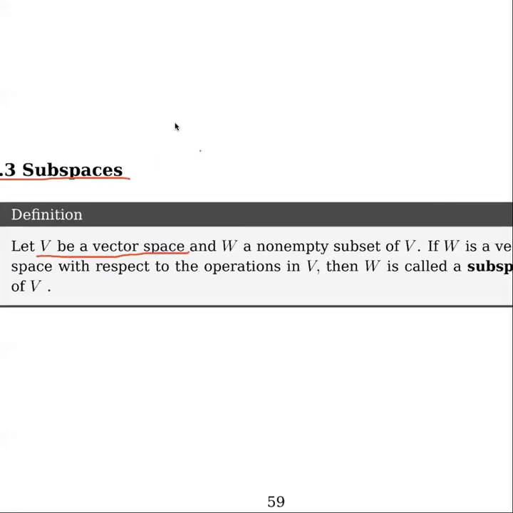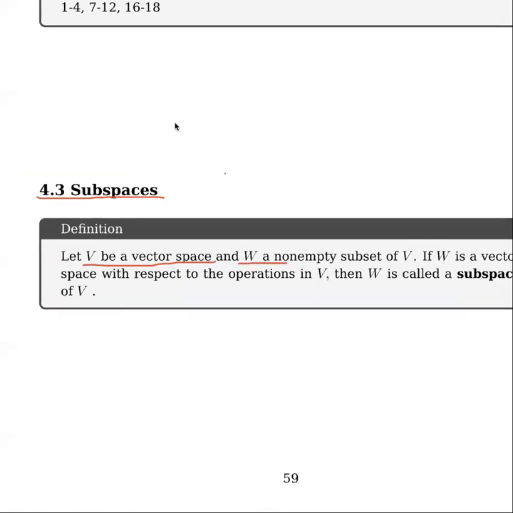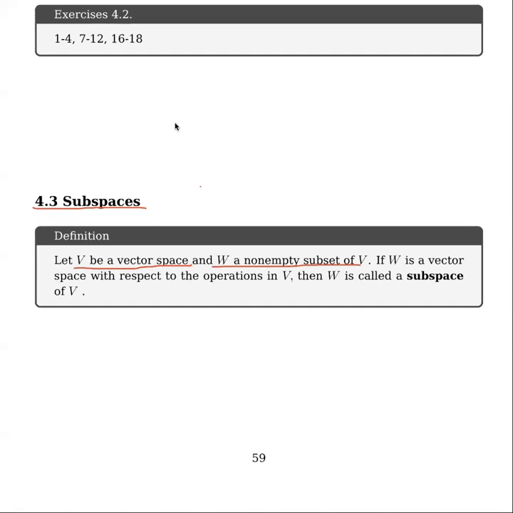Now we take a non-empty subset. You know what a subset is? A subset is a sub-collection of elements. So V is a vector space and W is a subset. For now, it's just a subset. If W is itself a vector space with the same operations that are in V, then we call W a subspace.